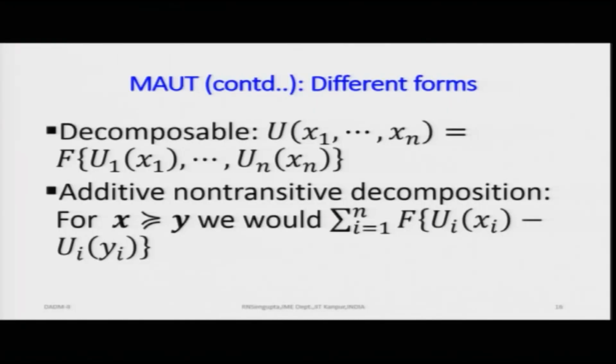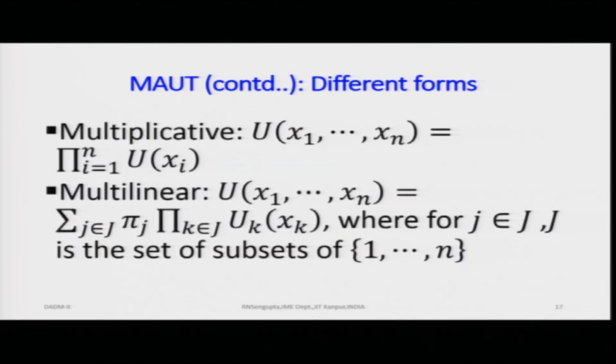So, for any combination of ui for x and uj for x, you will basically have the functional form always dominating and greater than 0. Similarly, you have the multiplicative utility function where you multiply the utilities individually, considering u1, u2, u3, u4 until the nth one, and you have been able to break them into individual parts.